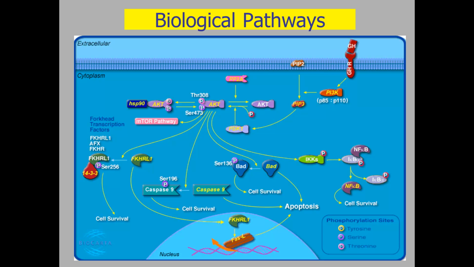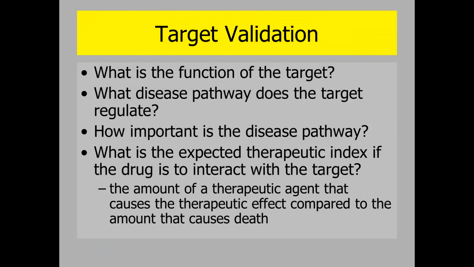Because then if you come up with a drug that targets that pathway, you might have too many side effects. It might not be specific enough in its function. So it's important then to identify that disease pathway as an important aspect of the pathway and have it be important in a limited number of tissues.